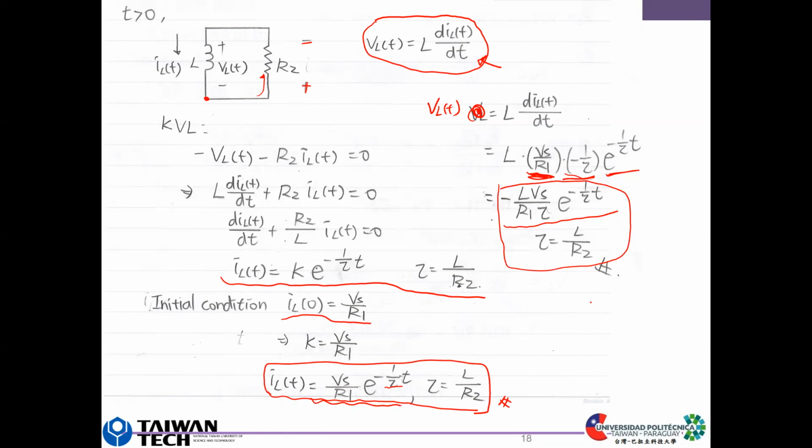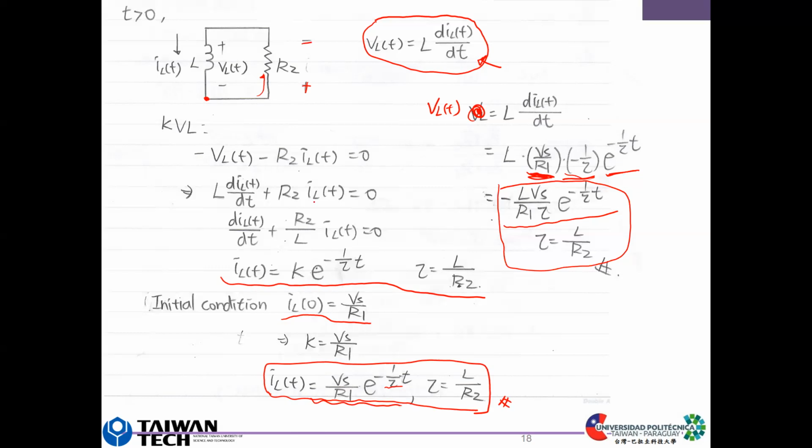So for this first order RL and RC circuit, if the initial condition is 0, then you can apply the formula directly during charge. And if it is not, then you need to derive the first order differential equation.